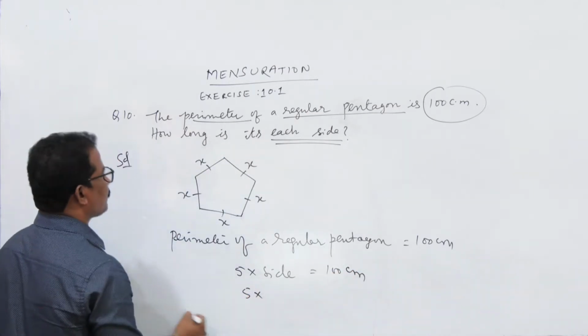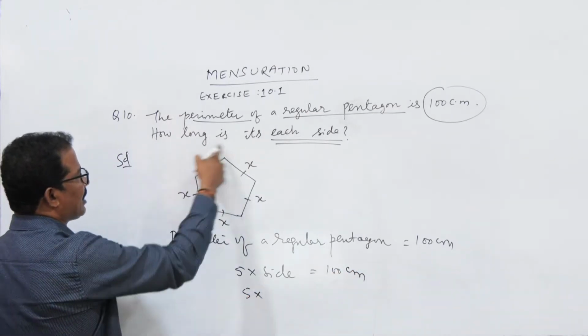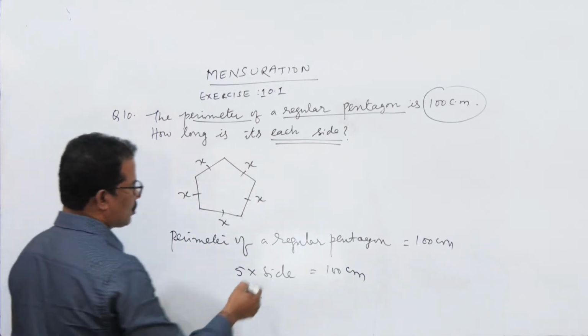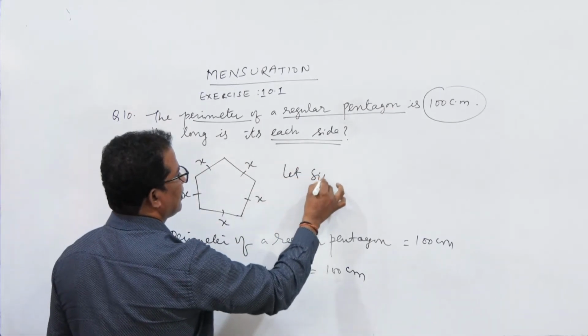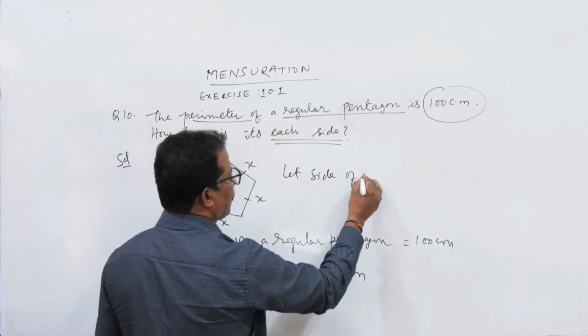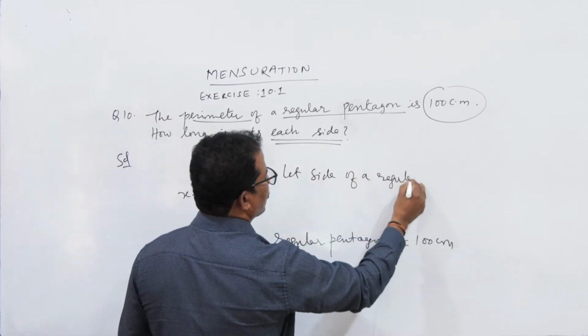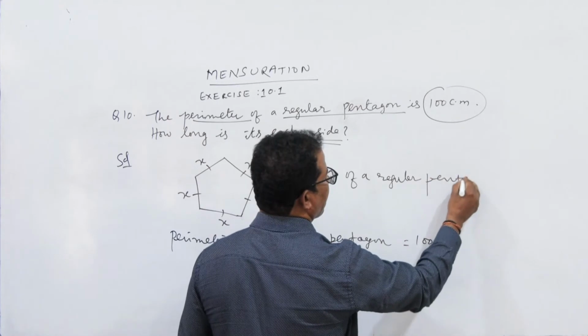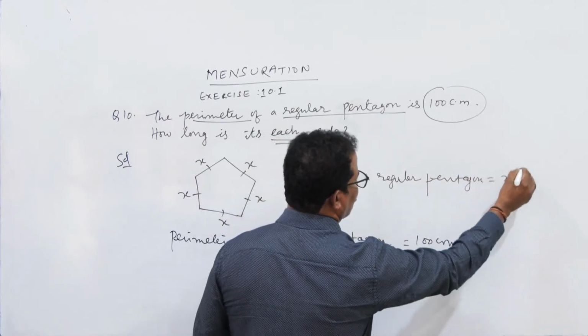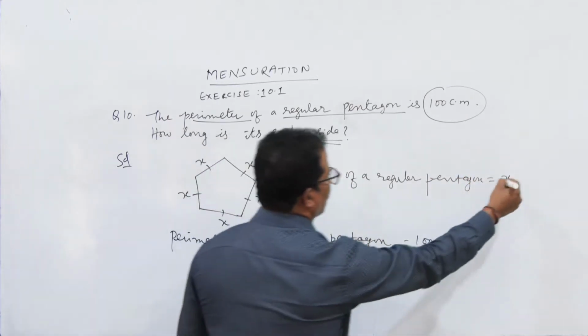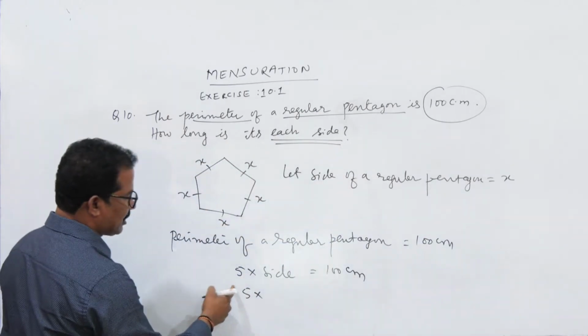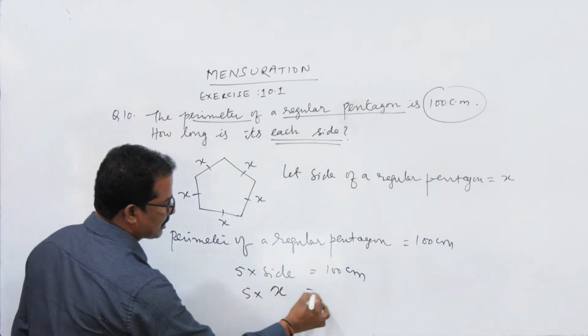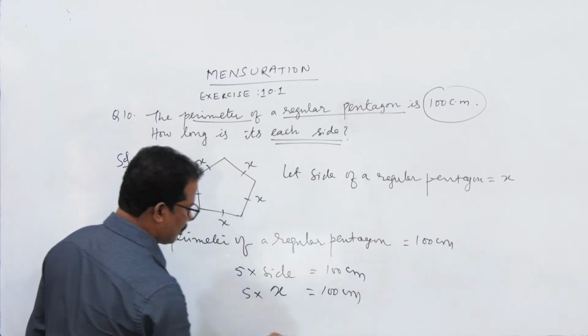And in this diagram we have taken the side as x. So you can write the side of a regular pentagon is equal to x centimeter. So 5 into x is equal to 100 centimeter.